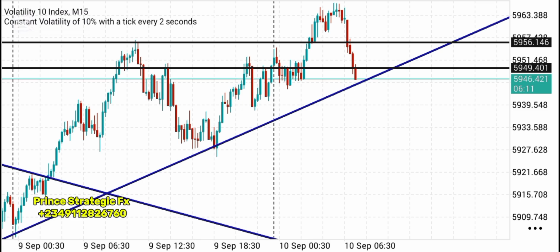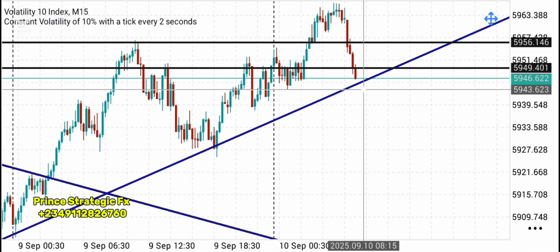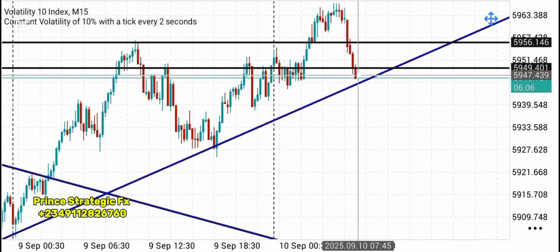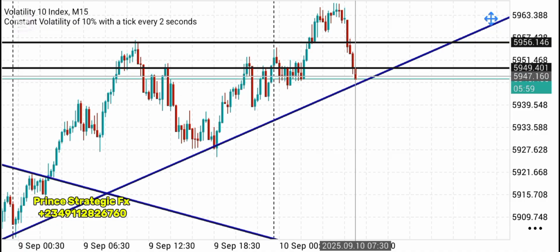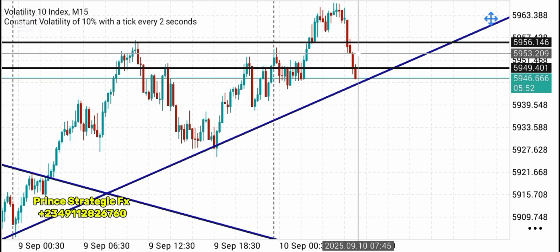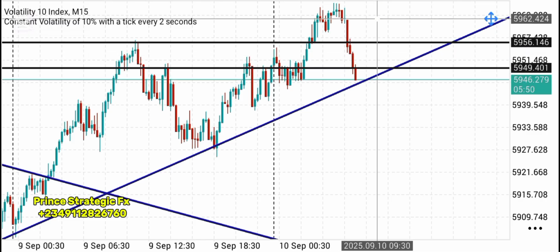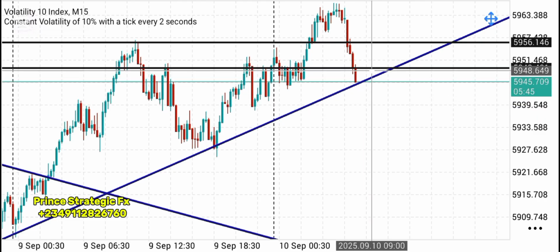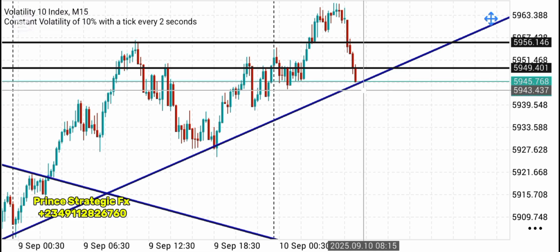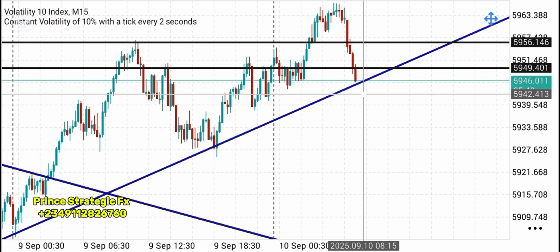So if price breaks out from this H1 trend line without giving us either a rejection or a bullish engulfing candle for us to start buying this market upward, and it breaks out, then comes back again to retest it, then it simply means we just got a sell entry.